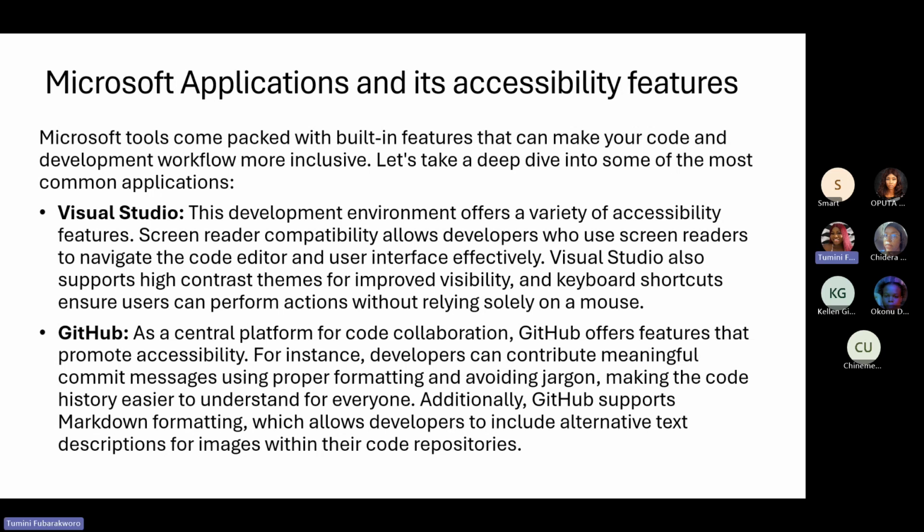So this development environment offers a variety of accessibility features. There's screen reader compatibility. It allows developers who use screen readers to navigate the code editor and user interface effectively. Visual Studio also supports high contrast themes for improved visibility, like for people that don't see very well.